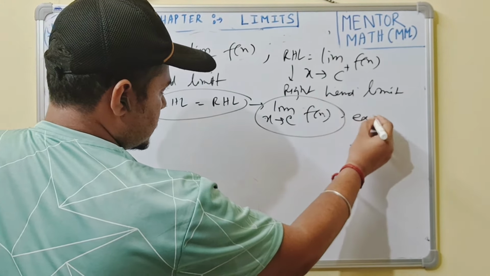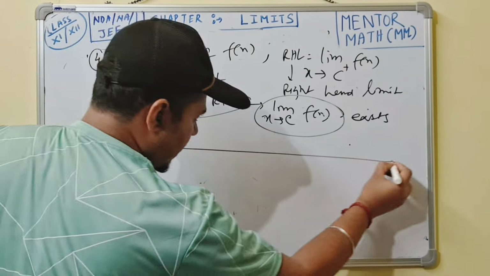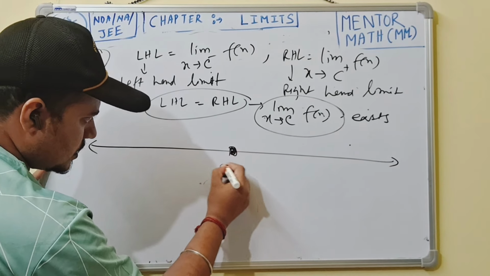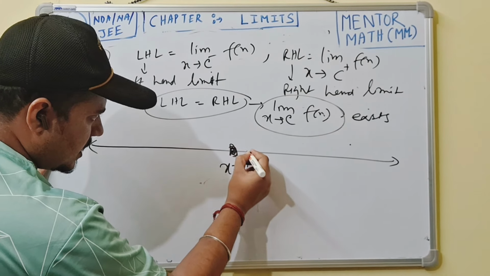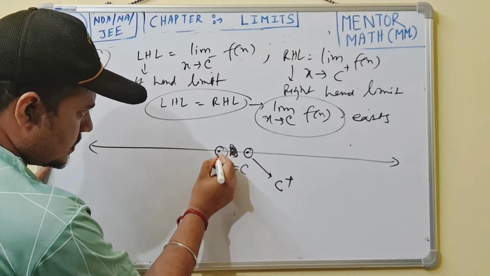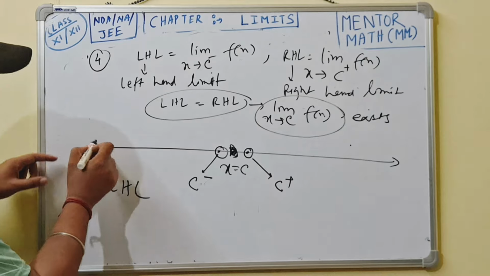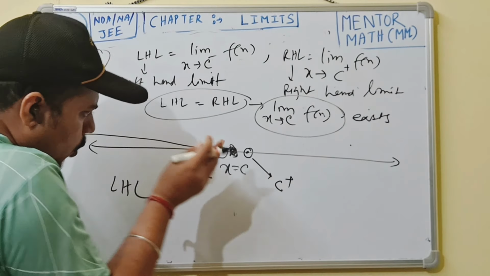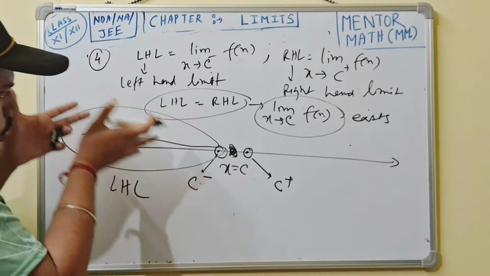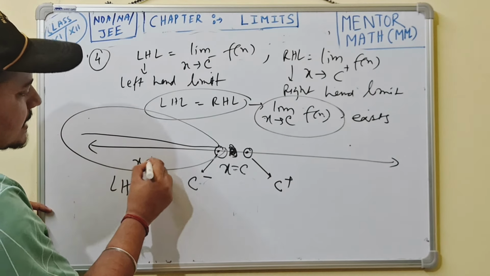Okay, and your diagram, if you follow the diagram, look at it, that is very important. If I put here x is equal to c, and we have to check the neighborhood points, here is your c plus, here is your c minus. So whenever it comes to your left hand limit, it comes from the left side close to c, so obviously x less than c.